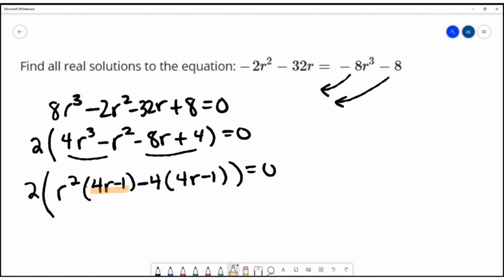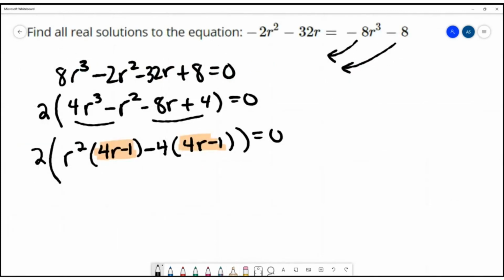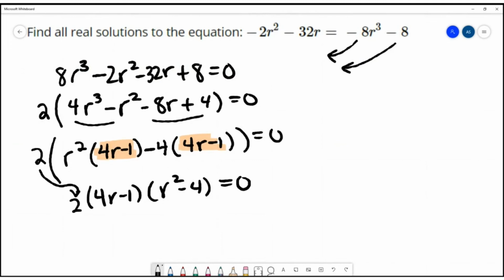If factoring by grouping is working for you, you'll have a common binomial here. If I factor that out, I'll have 4r minus 1 times r squared minus 4 equals 0. And let me carry that 2 down as well. This r squared minus 4 is a difference of squares, and it will factor to be r minus 2 times r plus 2.